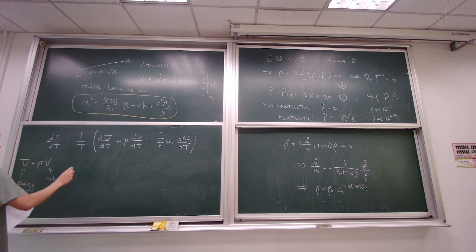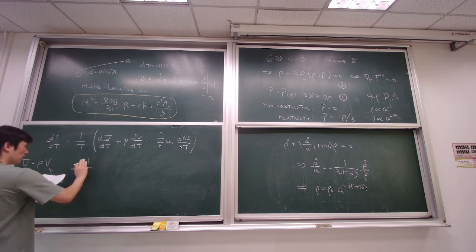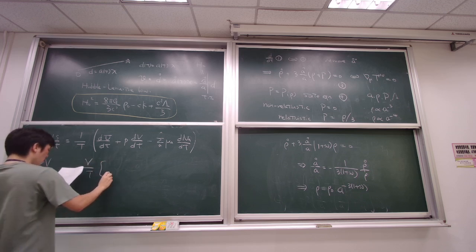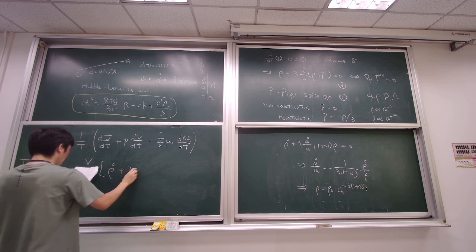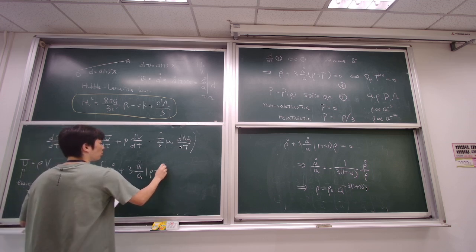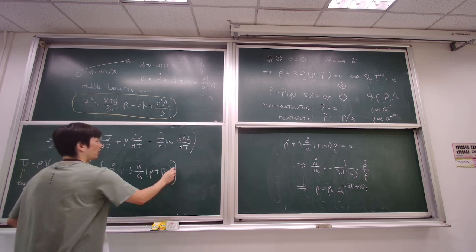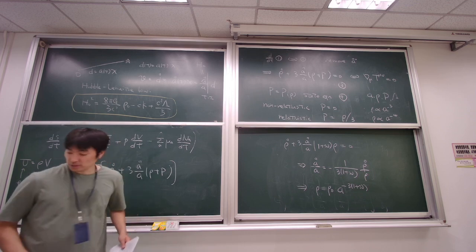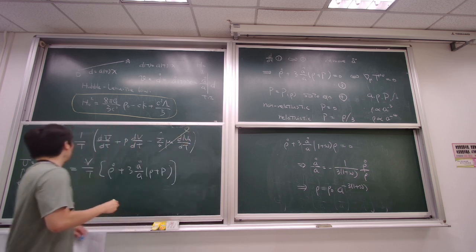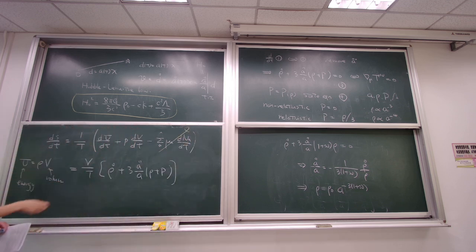If you plug this into here, what you get is as follows: 1 over T times rho dot plus 3 a dot over a times rho plus P. That's what you get from here. Ignoring the number density change, if you assume number density changes and plug this in, you get this one.